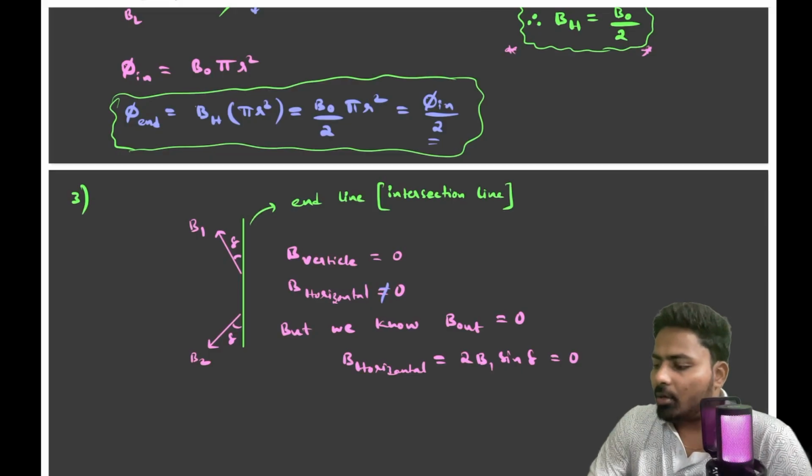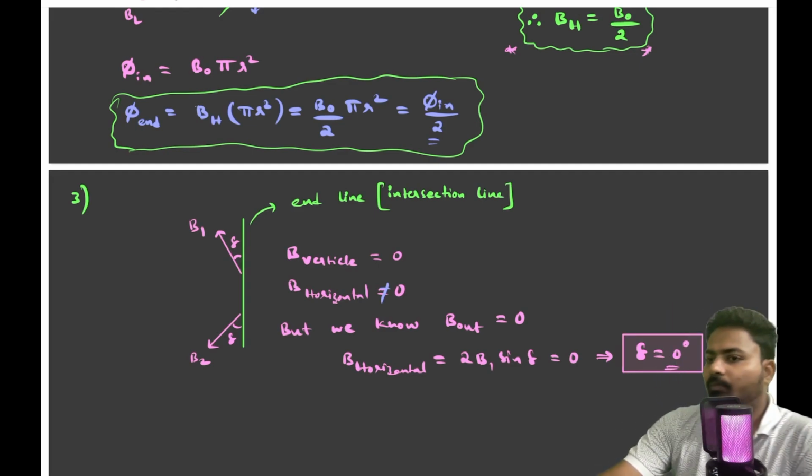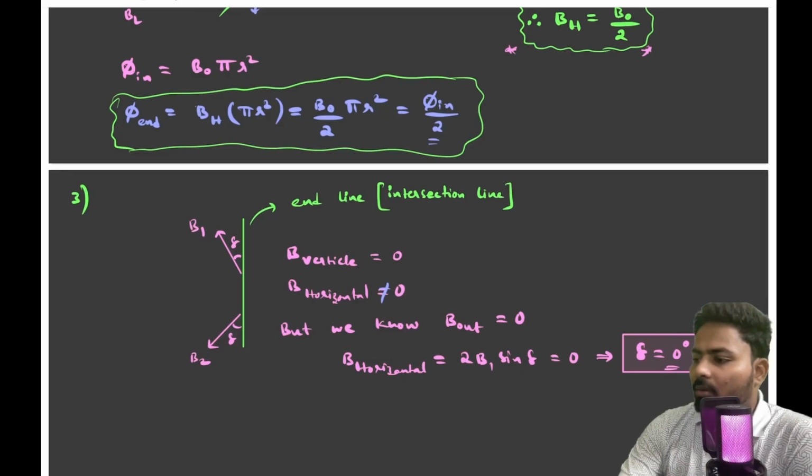there is only one possibility, which implies the gamma value must be equal to 0 degrees. So gamma equal to 0 degrees, what does this mean?